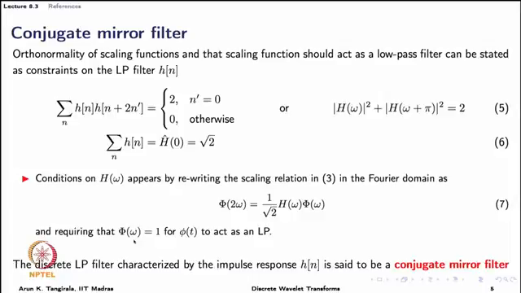At 0 frequency, the scaling function should have a Fourier transform value of 1, so that the scaling function acts as a low pass filter. That is it. So, instead of working with phi of t, now we will work with the impulse response coefficients that satisfy the conditions given in 5 and 6, and this discrete filter is known as a conjugate mirror filter. We will learn the reason for this name when we talk of reconstruction shortly.